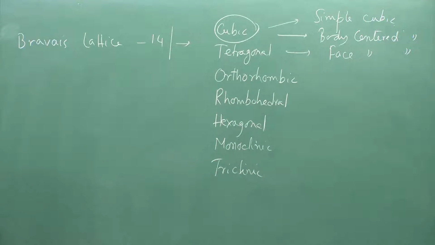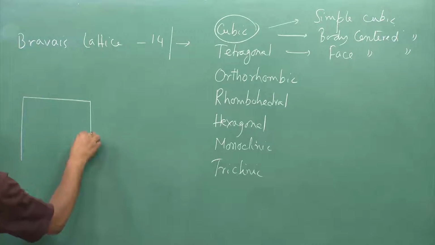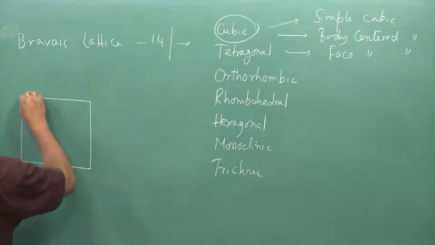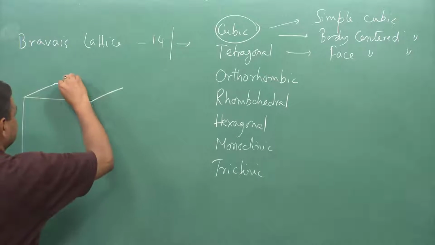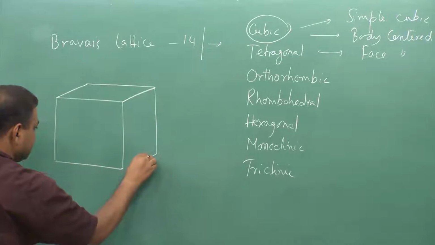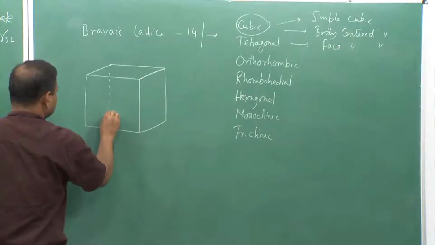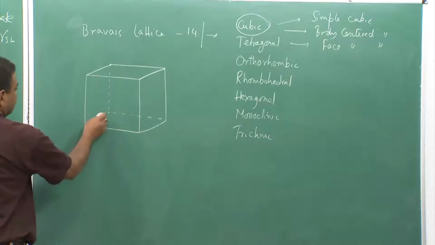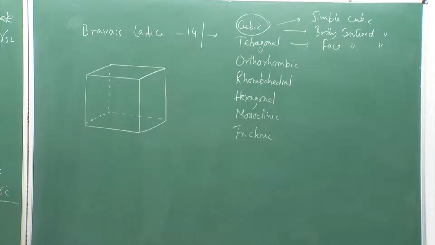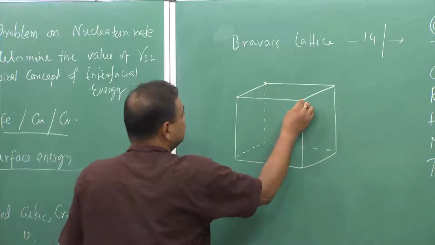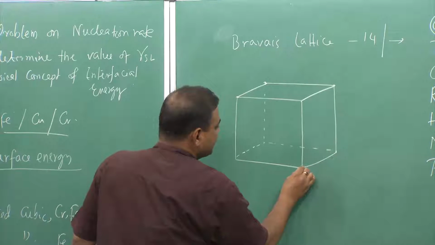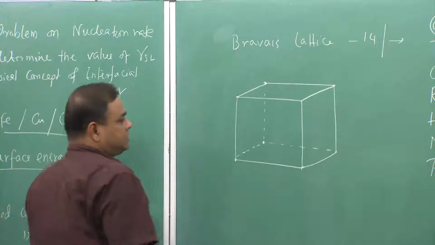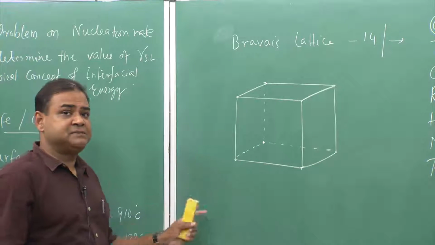Now, if we would like to see a simple cubic, it is a regular cube, and there is a point at each corner position. The lattice is basically a point.